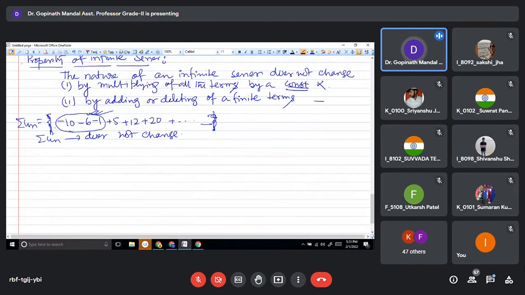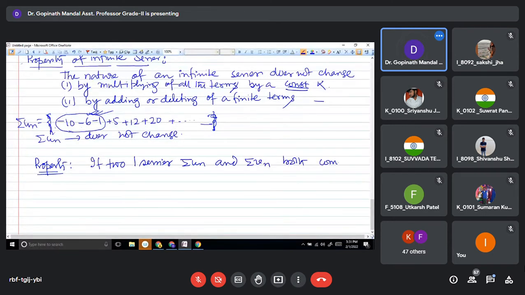Now there is another property. If two series un and vn both are convergent series, then un plus vn is also convergent.